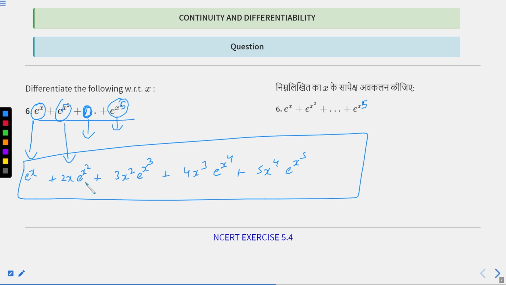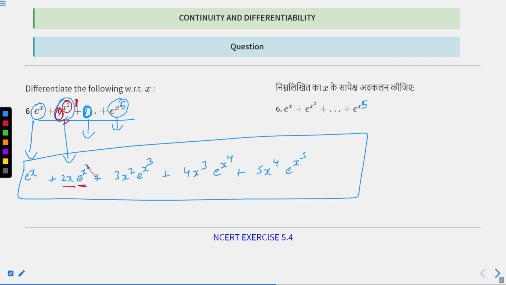What did we use? We used the derivative of e^x, which is just e^x. We used the chain rule. How do we use it? In this specific term, we took this as 1 and this as 2. Differentiate the first thing, which is x squared, and you get 2x, and differentiate this e^x, you know that differentiating e gives you e^x.